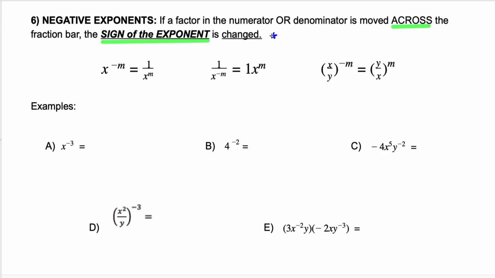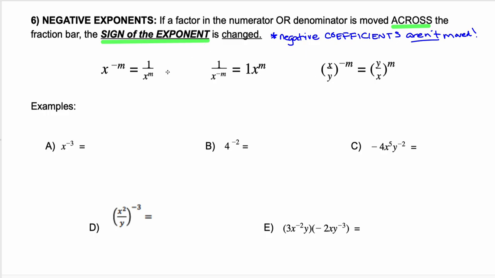So I'm going to make a note that negative coefficients aren't moved. Only negative exponents. So we have to be very careful about recognizing the exponents and the negative aspect of those.